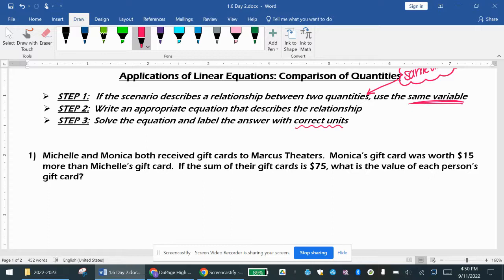Go ahead and pause the video and underline anything that you see in this problem that's related to something we've learned about in terms of vocabulary, or anything else that you think is important. Pause the video right now, read the problem, underline any key words or circle things that you think are important.